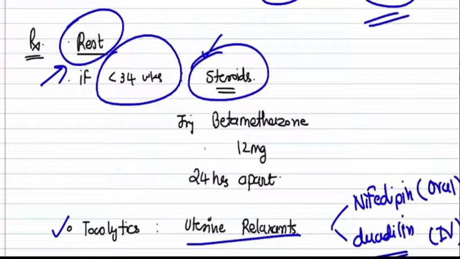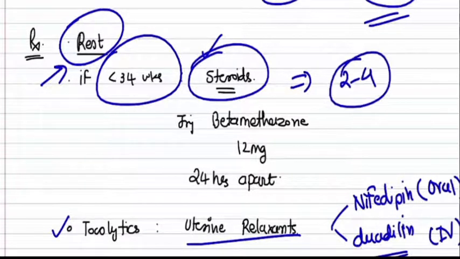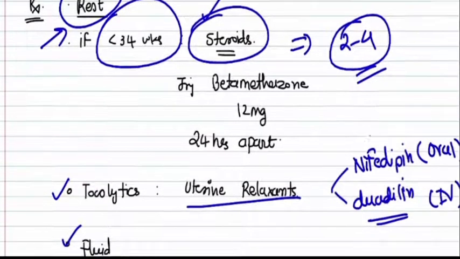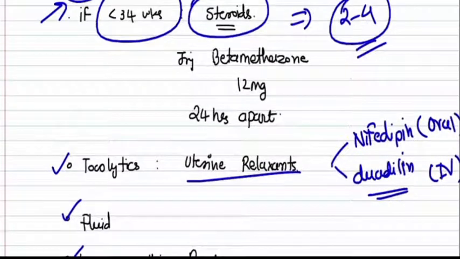Injection betamethasone 12 mg 24 hours apart. Now the steroid takes some 2 to 4 days to act and get the work done. So for this time you should try to maintain the baby inside the uterus.